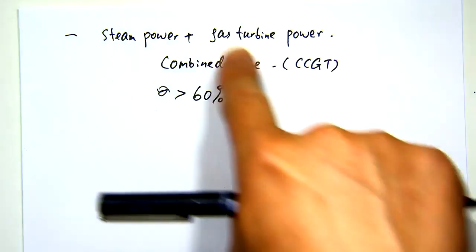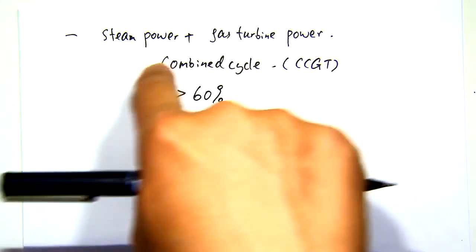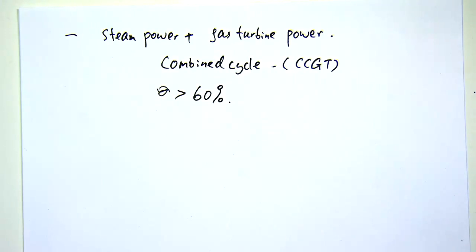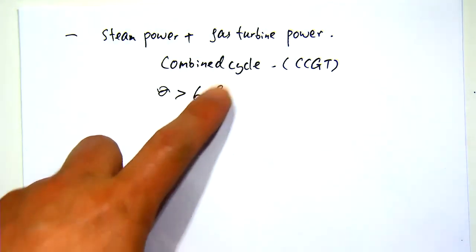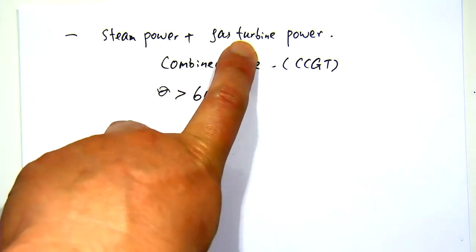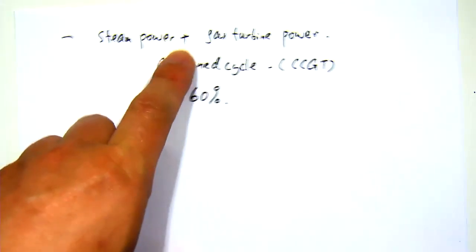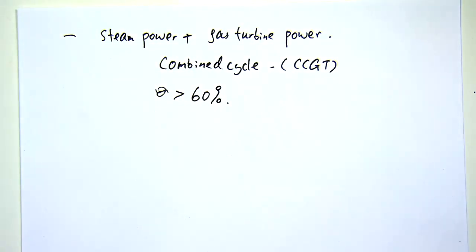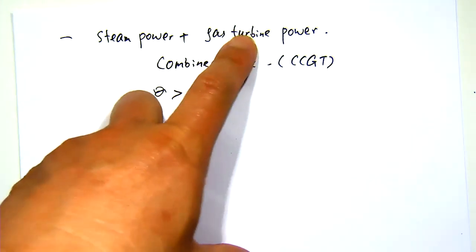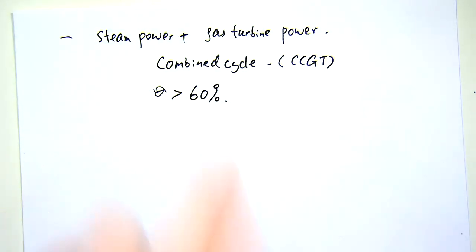The output work is coming from the gas turbine as well as the steam turbine. So output work is divided by the input, which is only at the gas turbine, because the steam is generated by the gas turbine exhaust, right? So you have the gas turbine work plus steam turbine work divided by the input energy at the gas turbine, and the efficiency is over 60%.